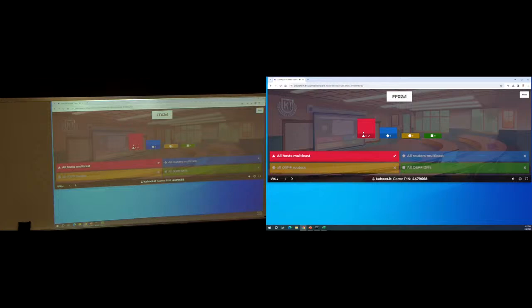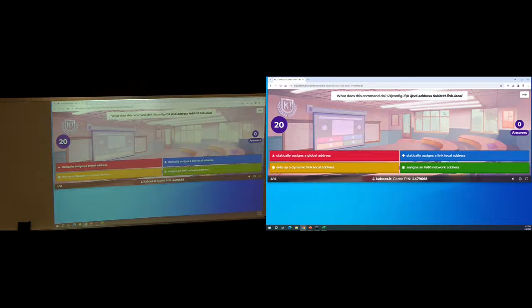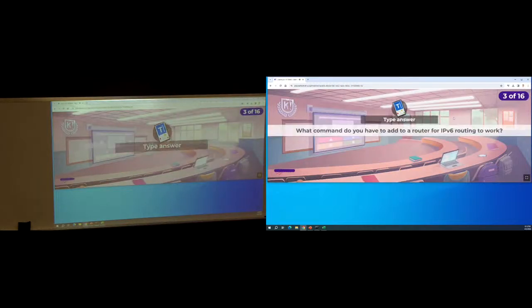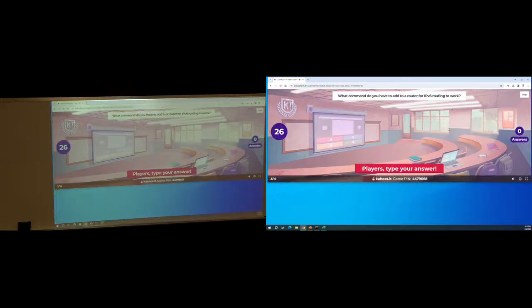Let's see, FF02, that's the all hosts or the all nodes, right? I would like everyone to get this right.